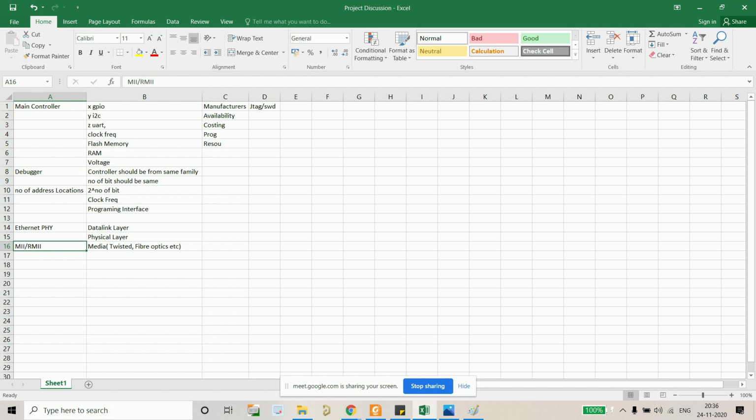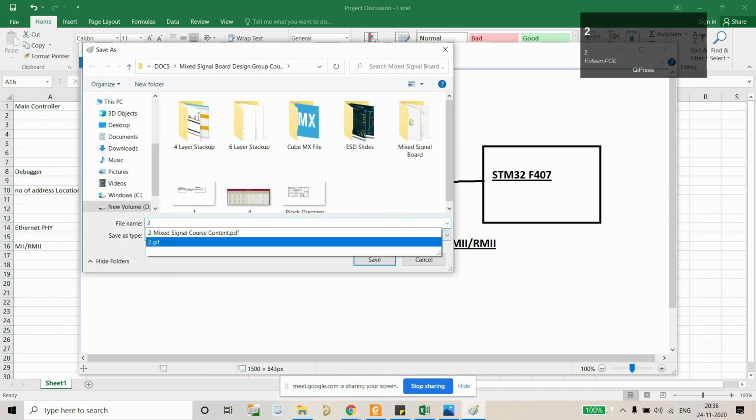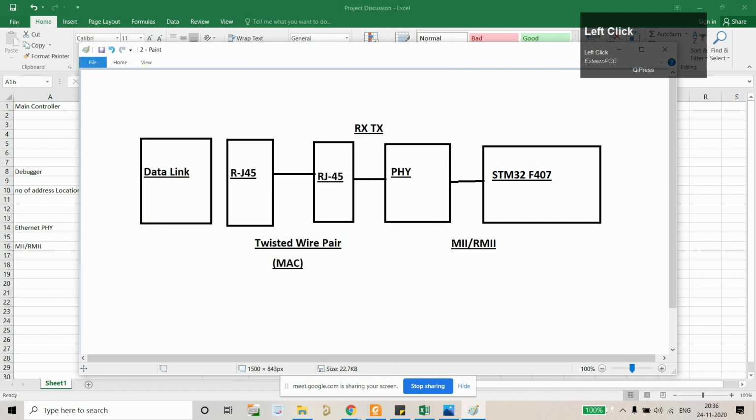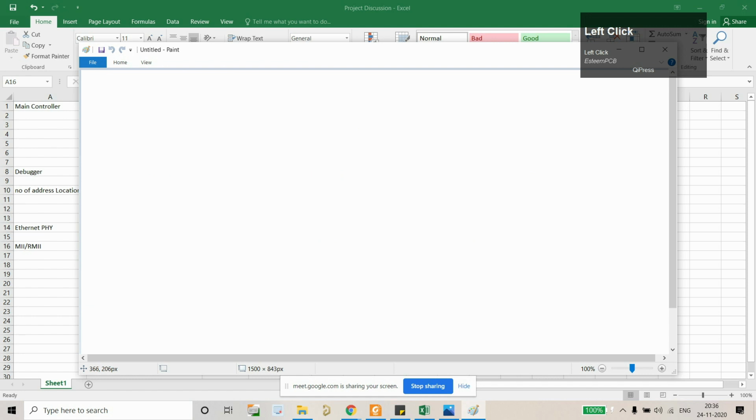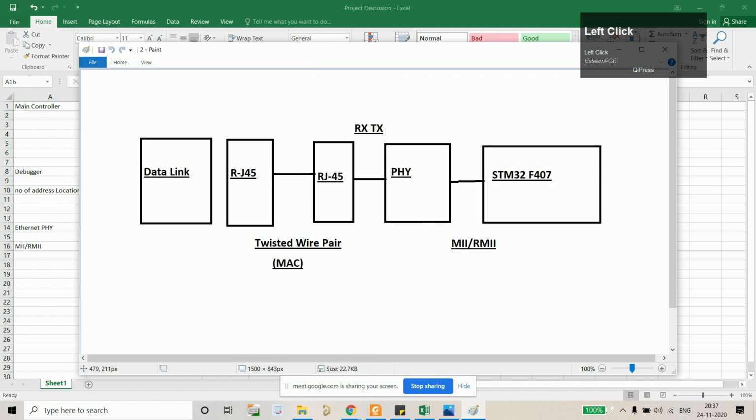So now if we talk about what is media in terms of a block diagram, I can show you on the previous image.